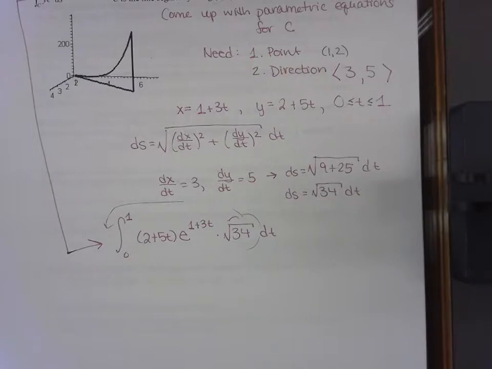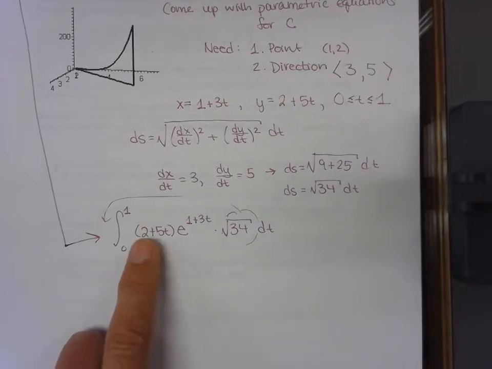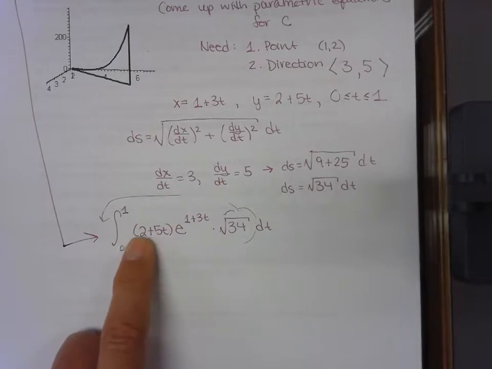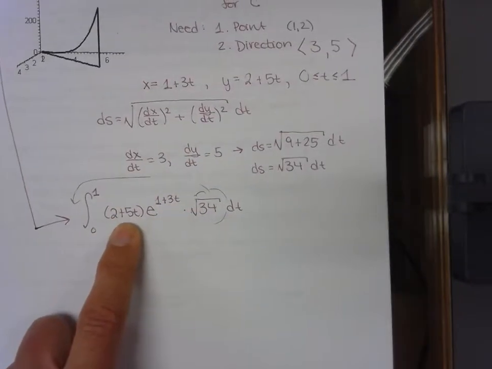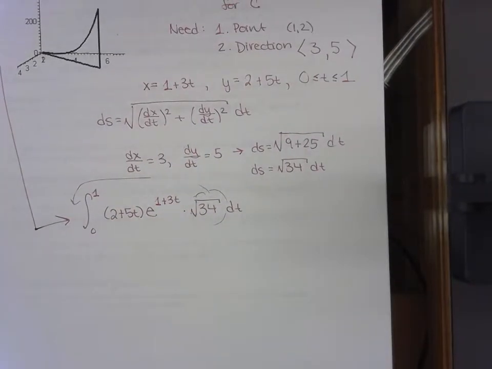What method are we for sure going to have to use to integrate? Well, parts, right? Which is the product rule for integration. And so here, like I said, you can multiply out, but you can just use the whole thing as your u, the 2 plus 5t, and we can do the table.